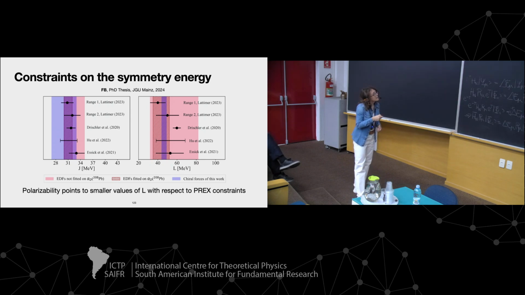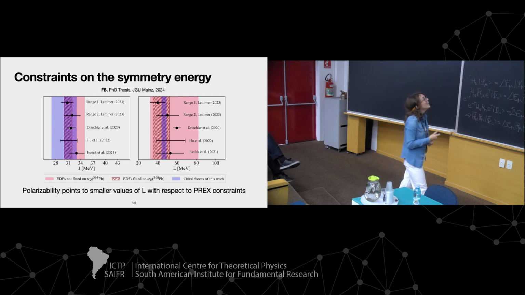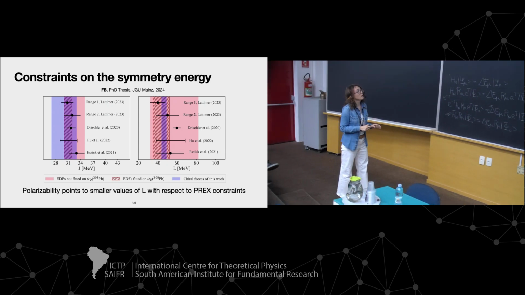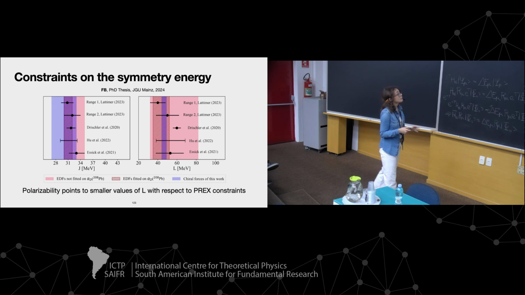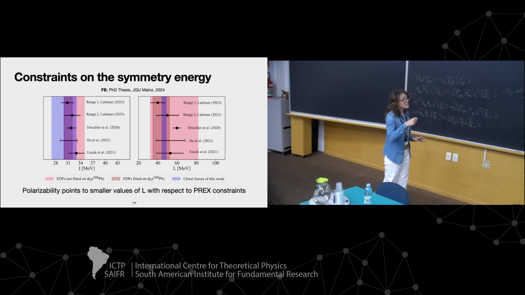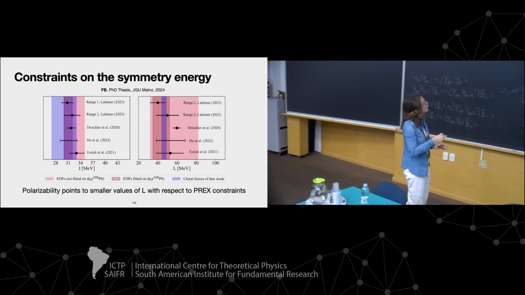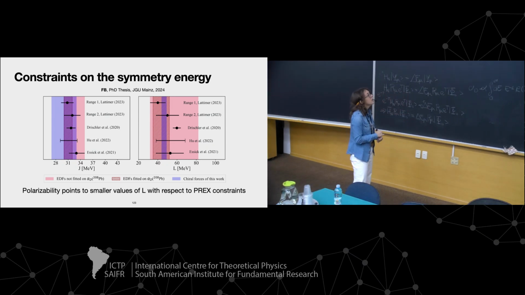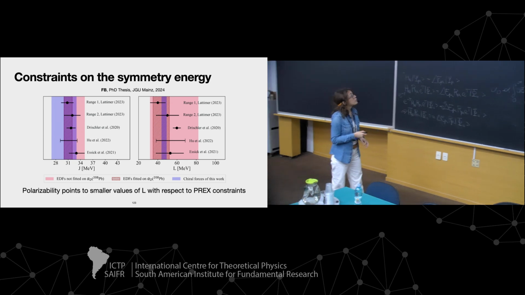And Essick et al. is the work I mentioned before, which included Ingo, coming from a Gaussian process model of the EOS constrained by chiral EFT and astrophysical observations. We see that in general, all these constraints prefer lower values of our slope parameter, so lower values of the pressure of pure neutron matter at saturation density.